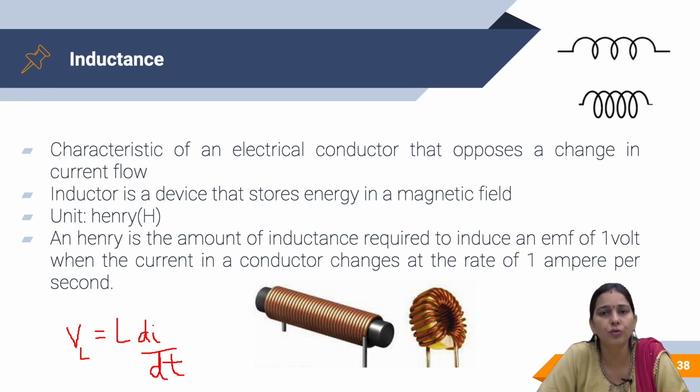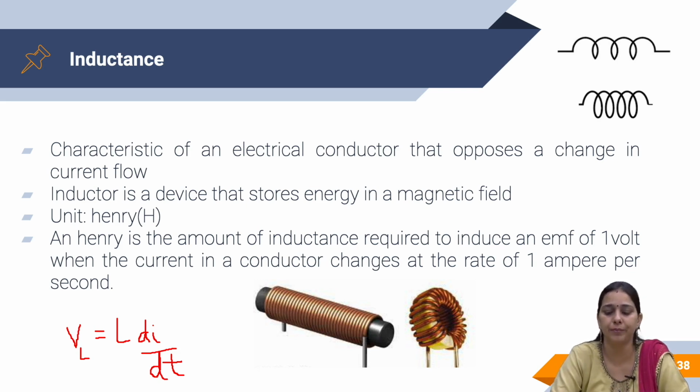It is the amount of inductance required to induce an EMF of 1 volt when the current in the conductor changes at the rate of 1 ampere per second. So, when we are talking about the voltage across the inductance, we can write voltage equals L di by dt, where inductance is represented by L and di by dt represents the rate of change of current with respect to time.